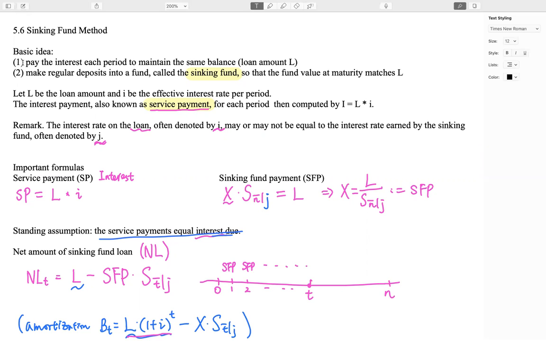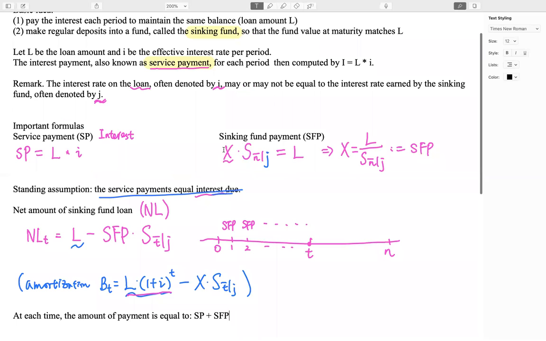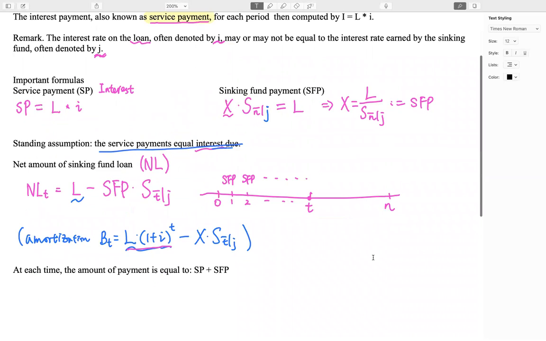Part one is used to pay the interest only, so that the loan amount, or the balance, does not change. The second part is used to contribute to a sinking fund, which might accumulate at a different interest rate J. So whenever I deal with the sinking fund, I will use J as the interest rate. But in order to calculate the interest of the original loan, I will need to use interest rate I. So that's the key part.